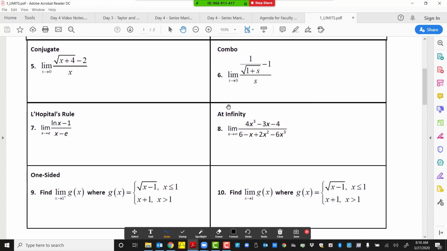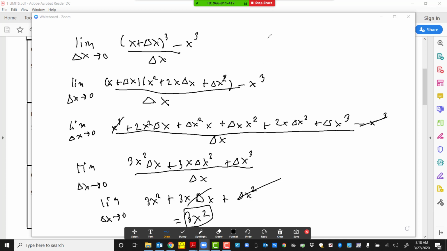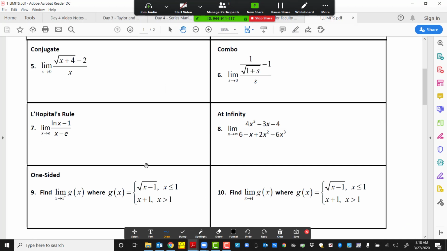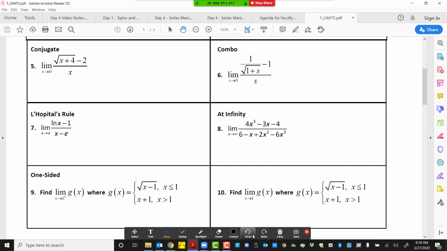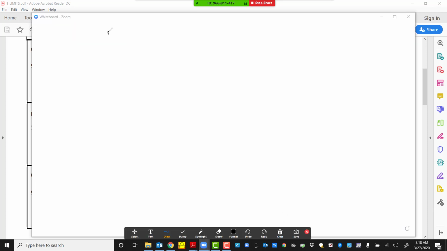Okay. Next, we're working with the conjugate. This one I'll also do on the white screen. So we're looking at the limit of square root of x plus 4 minus 2 over x. Alrighty.